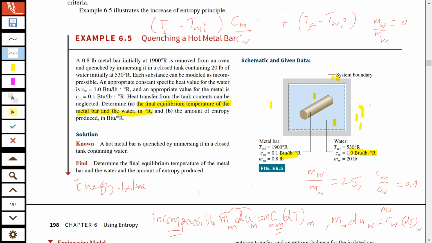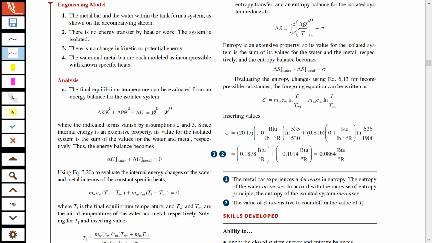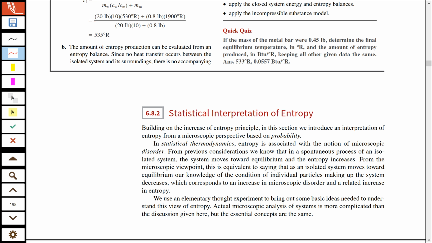And now it's a whole lot easier to solve this equation than the equation which we started with. Okay, so you can do that yourself, and T_f turns out to be 535 Rankine.